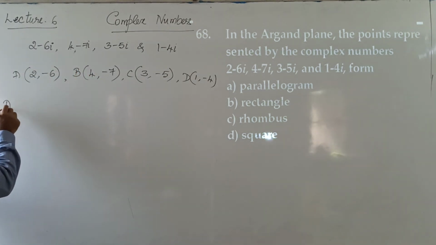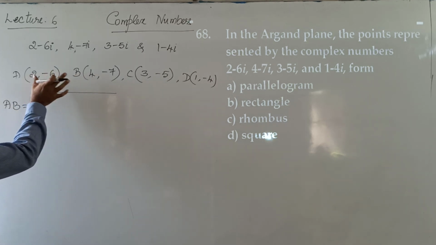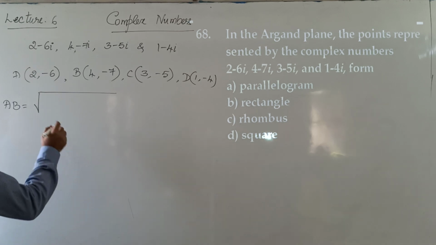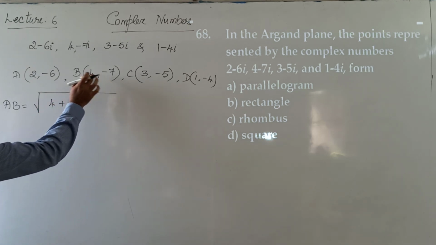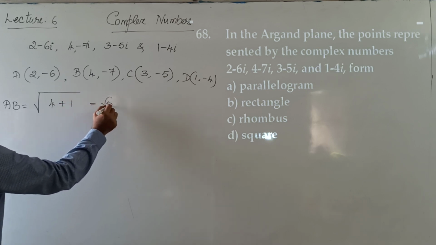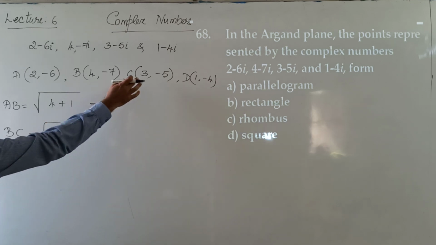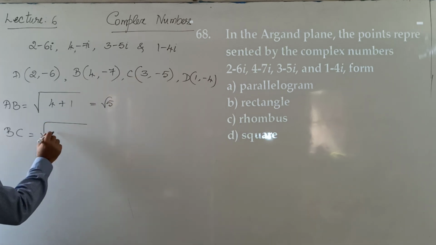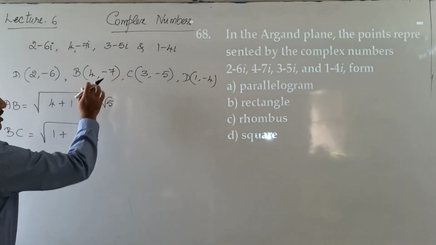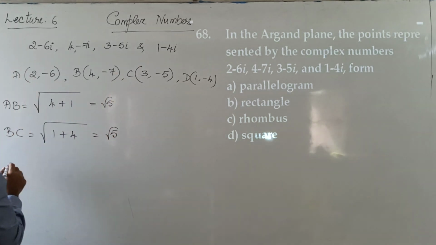First I will find out AB. AB is equal to the square root of the distance between these two. 4 minus 2 is 2, 2 square is 4, plus minus 7 plus 6, minus 1 whole square. So AB is equal to root 5. Then BC is equal to 3 minus 4, minus 1 whole square is 1, plus minus 5 plus 7 which is 2, 2 square is 4. This will give you root 5.